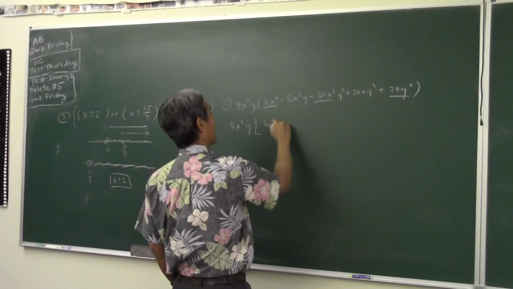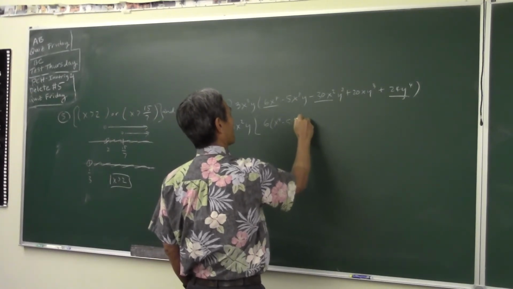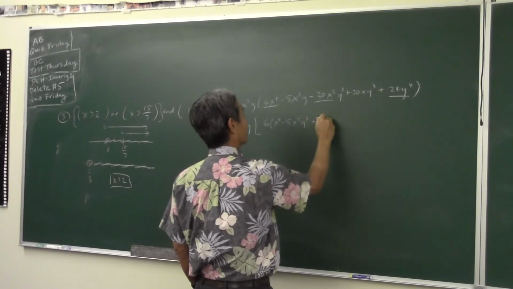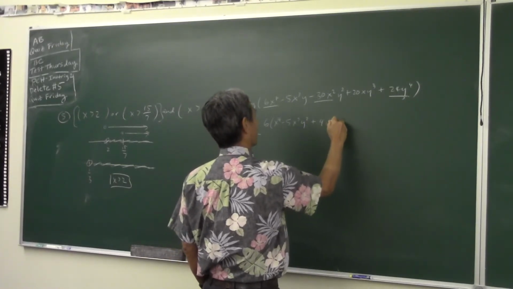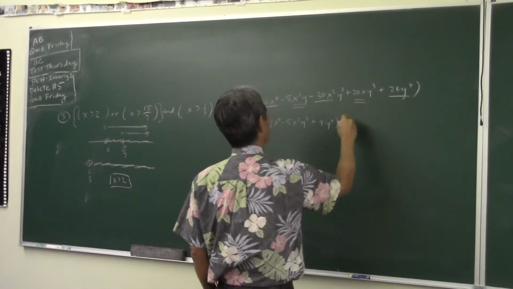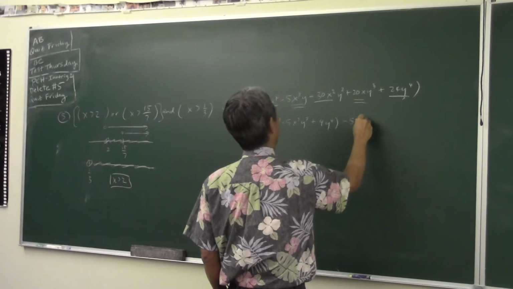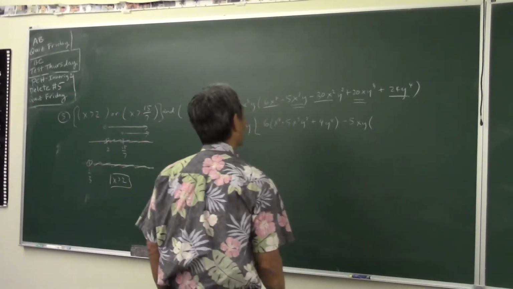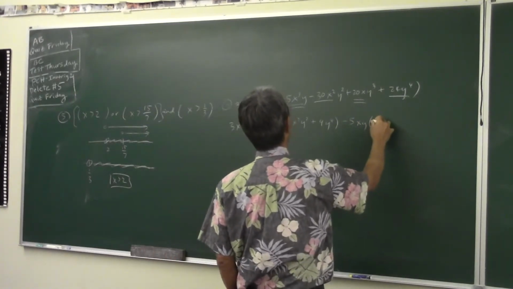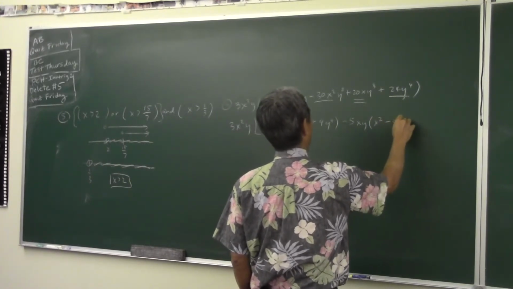So you get x to the 4th minus 5x squared y squared plus 4y to the 4th. And then from the second and fourth terms, you can factor out a negative 5xy. And what's going to be left? x squared minus 4y squared.